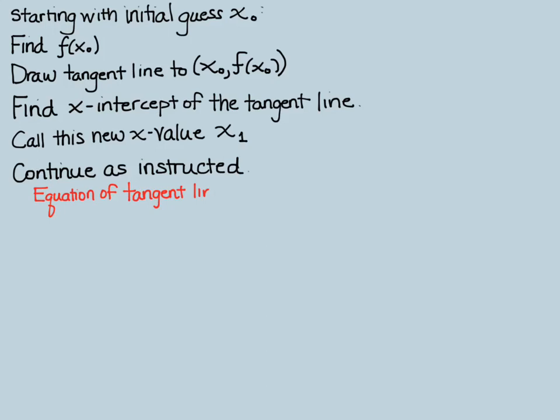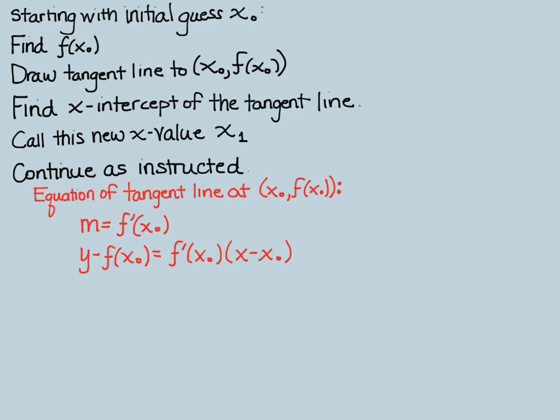So how do we actually find the x-intercept of the tangent line? First, we'll find the equation of the tangent line at x naught comma f of x naught. The slope is going to be f prime of x naught. That's the slope of the tangent line given by the derivative. And so using the point slope form, we have y minus the y value equals the slope times x minus the x value.